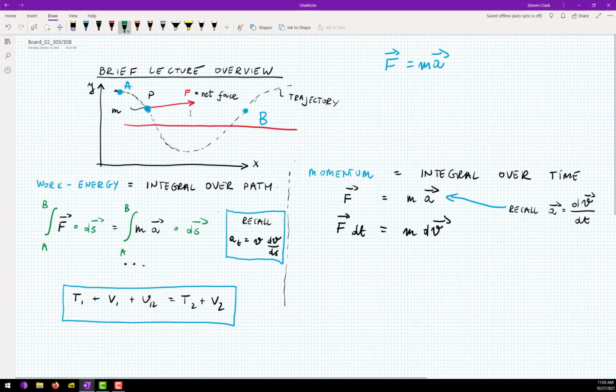Let's integrate from time instant 1 to time instant 2. Of course, time instant 1 corresponds to point A, and time instant 2 corresponds to point B. So the integral on the left-hand side is just an impulse.